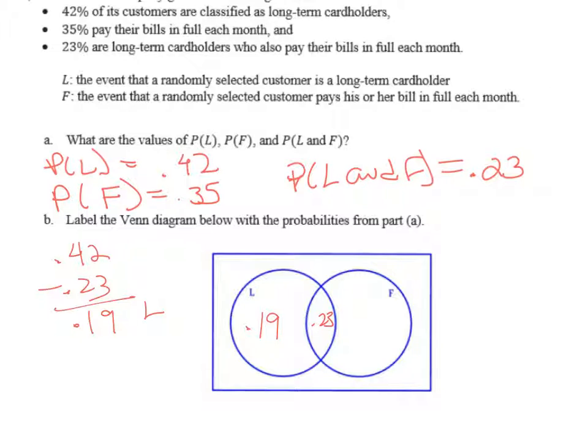And then for F, the entire circle of F is 0.35. We get 12%. So now we're going to use those values to calculate C and D.